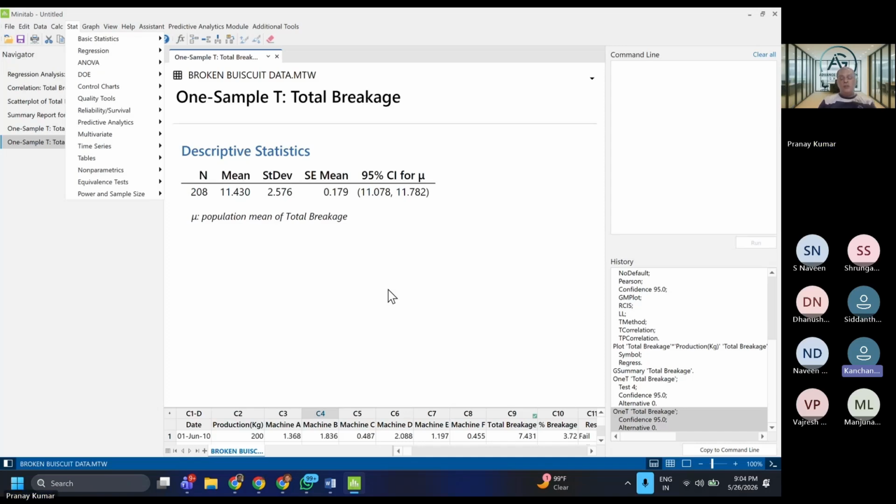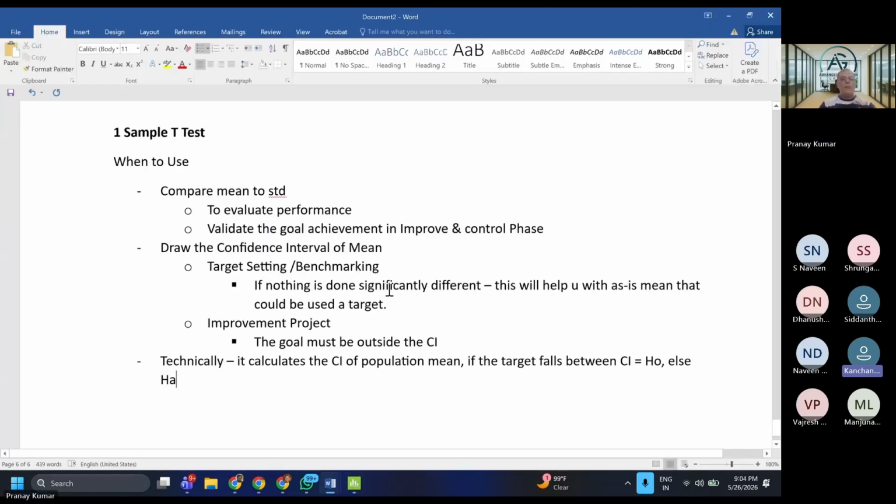Sir, just one thing. In the goal statement, we have to derive what would be my goal statement and what would be my baseline. So in that scenario, to find out the baseline, I have to perform a one sample t-test or the CI confidence interval for baselining.